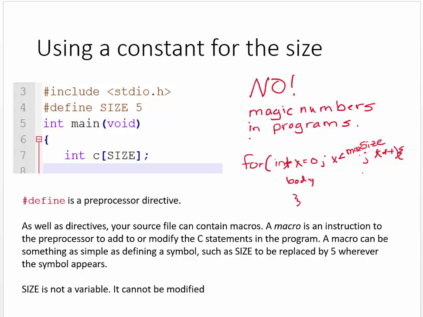Anyway, you'll define somewhere in the beginning of the program, it could be a constant, or it could be somewhere in this part of the program where I defined int max size equals 10, if it's variable. If it's not variable, int with max size all in capital letters equals 10.